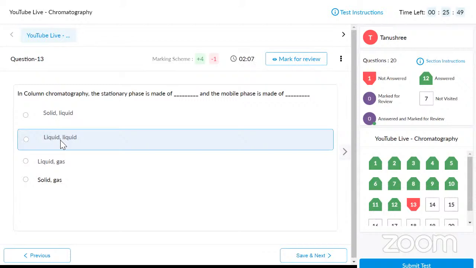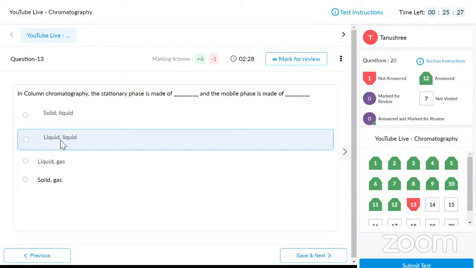So a solid stationary phase and a gaseous mobile phase is only going to be possible, again, if you are talking in terms of gas chromatography. Why? Because in gas chromatography we have special columns which have a solid stationary phase coated with a liquid or a waxy material, and then you have the carrier gas in it.